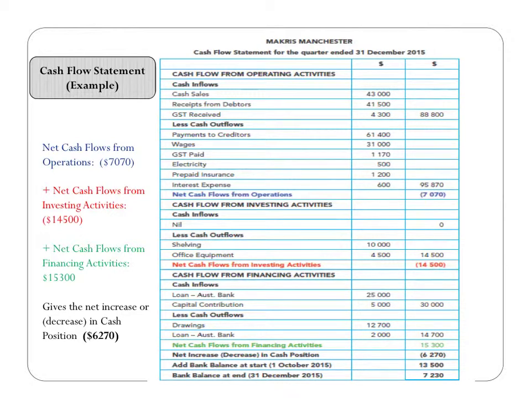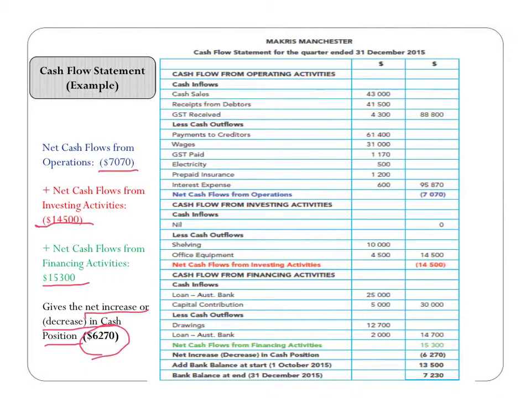Okay, so what do you do next? You add up these three figures. So net cash flows from operations plus net cash flows from investing activities plus net cash flows from financing activities gives you the net increase or decrease in cash position. In this case, over the quarter, there's a net decrease in cash position by 6,270.